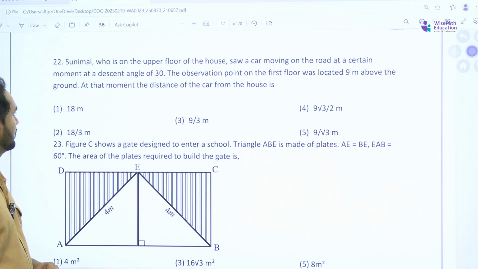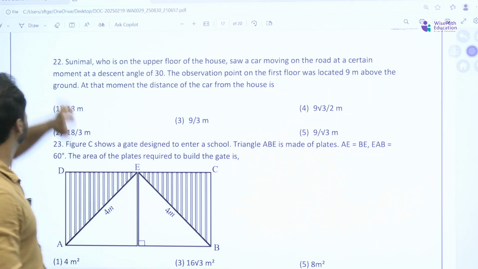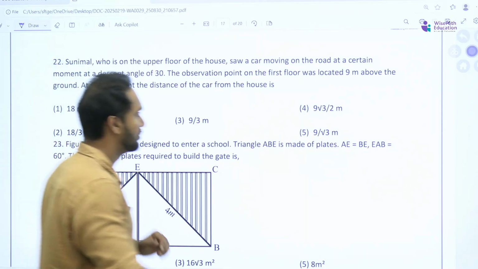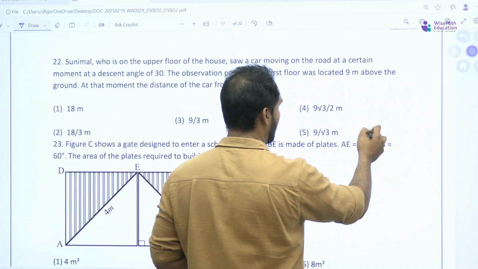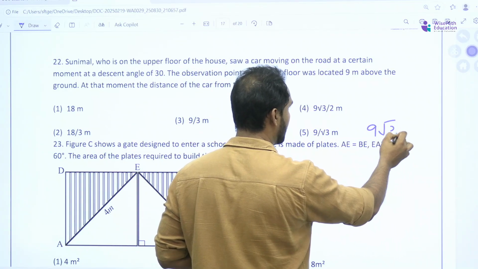No, right. 9 root 3 would be 81 into 3. No, right. So the answer should be 9 root 3.